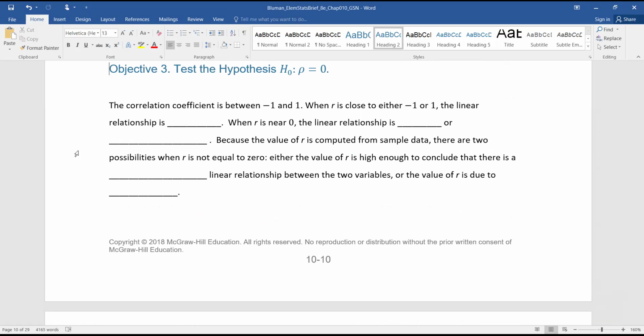So the correlation coefficient is between -1 and 1. When R is close to either -1 or 1, the linear relationship is strong. When R is near 0, the linear relationship is weak or does not exist.